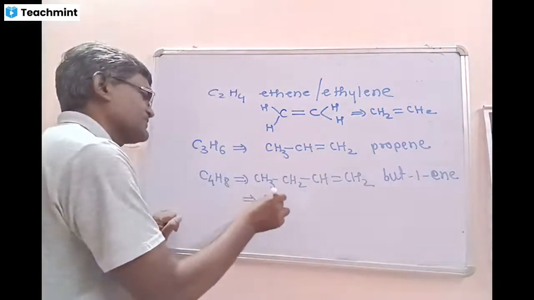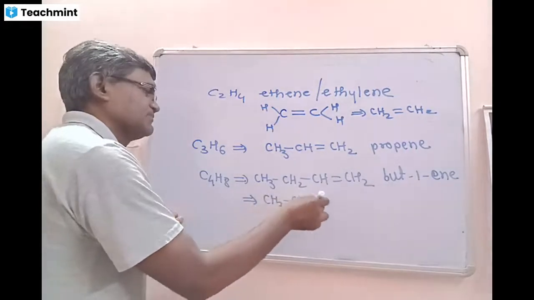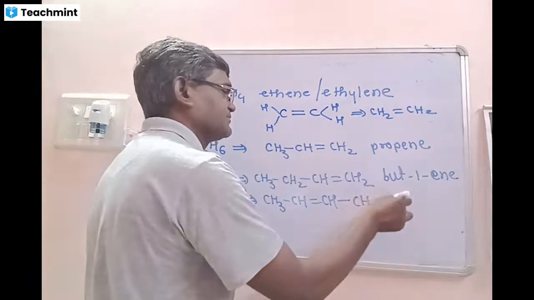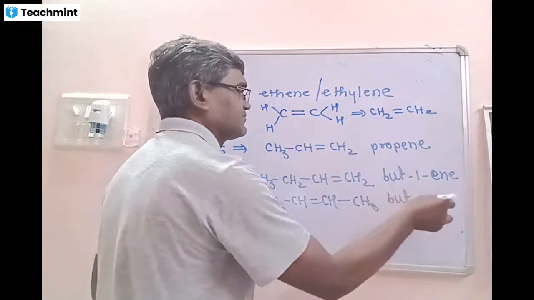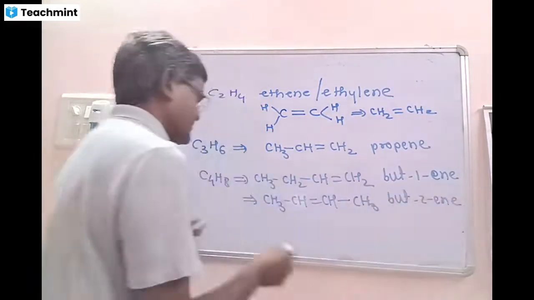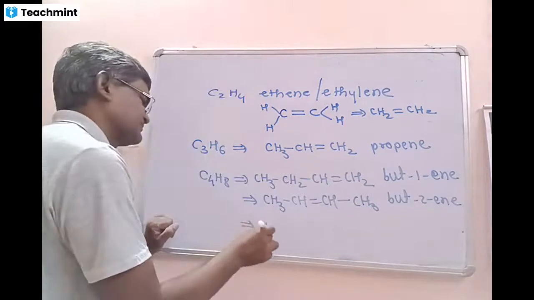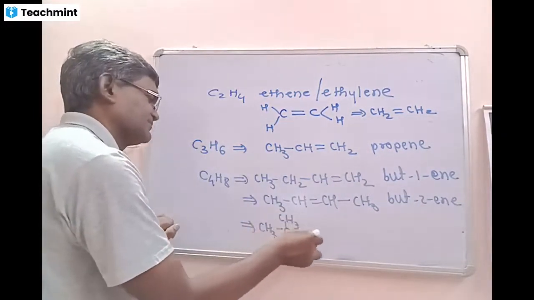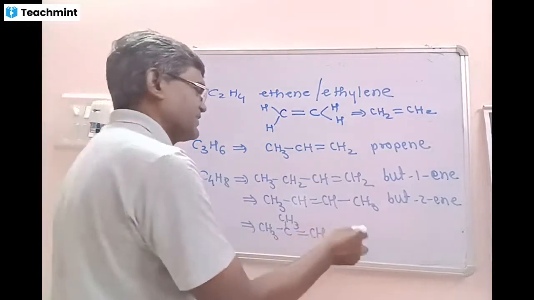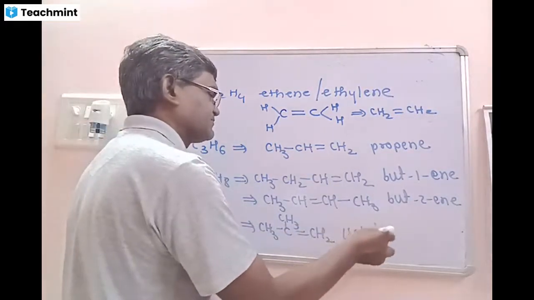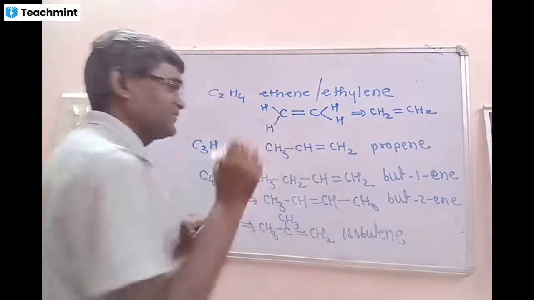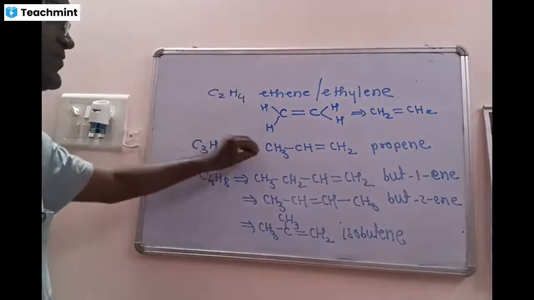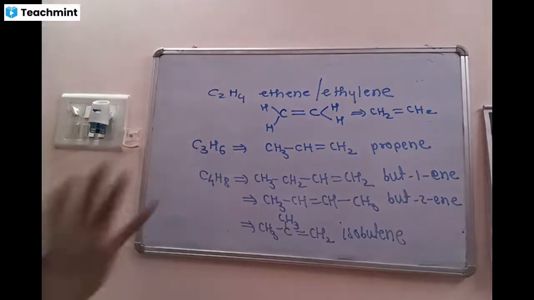You can go for this also. This is also a position isomer. And if you go for this, so this will be your isomer. So these are somewhat 1, 2, 3, 4, and 5 alkenes.